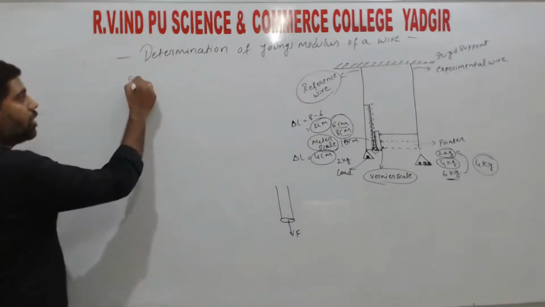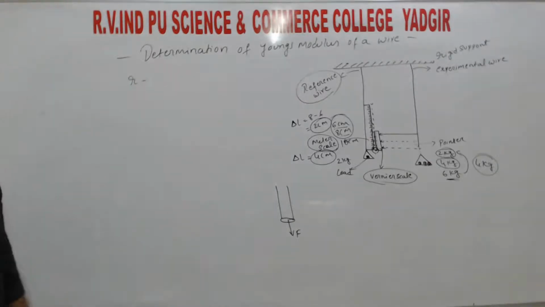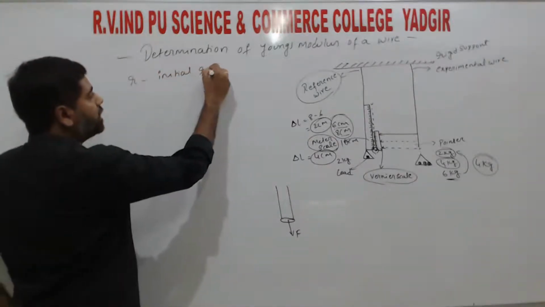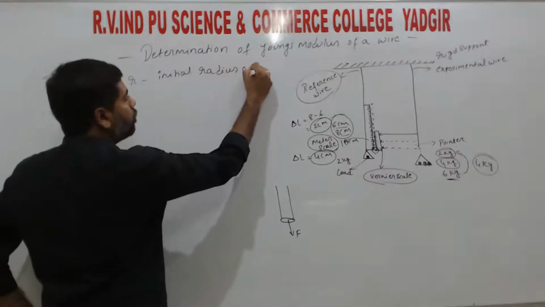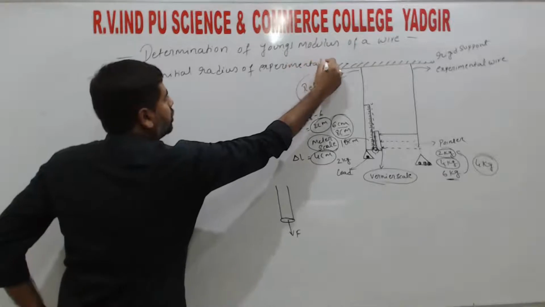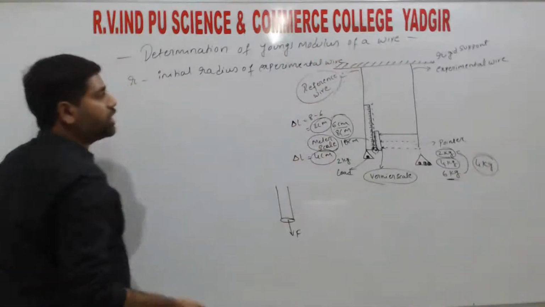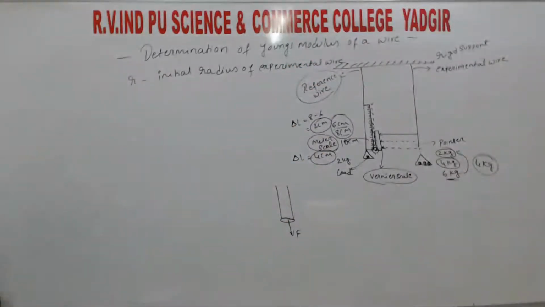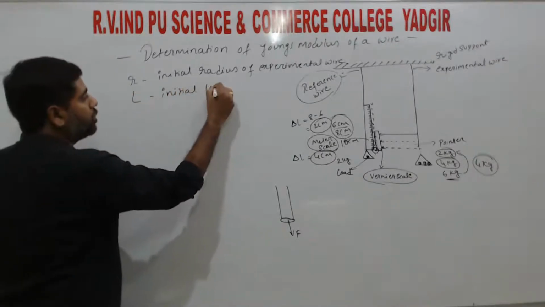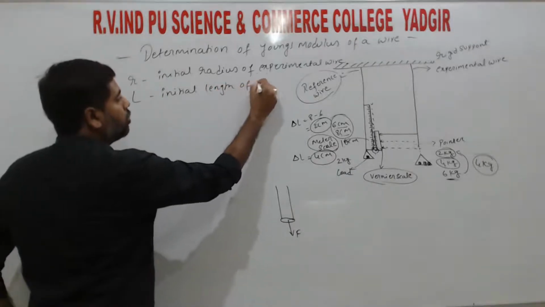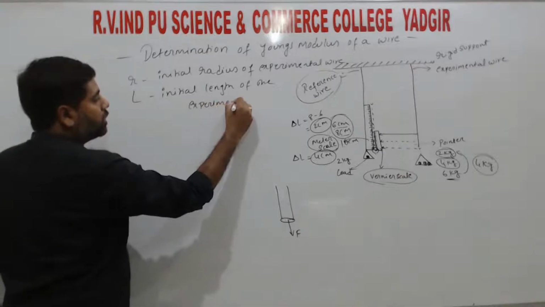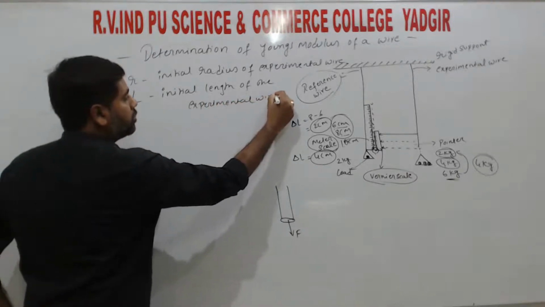So for that, R is the radius of the wire, that is the initial radius of the experimental wire, and L is the initial length of the experimental wire, right?